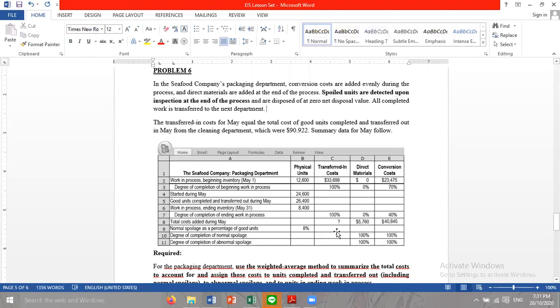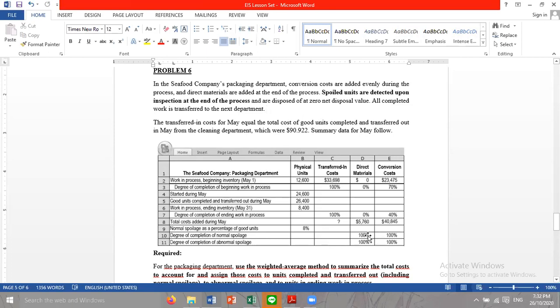However, for example, if it's not 100%, let's say the spoiled units are detected at 80%, then we know that the degree of completion for the conversion cost for normal and abnormal spoilage will be 80%, assuming conversion cost is added evenly. Whereas for direct materials, it will depend on at what step of the process the direct materials are added.